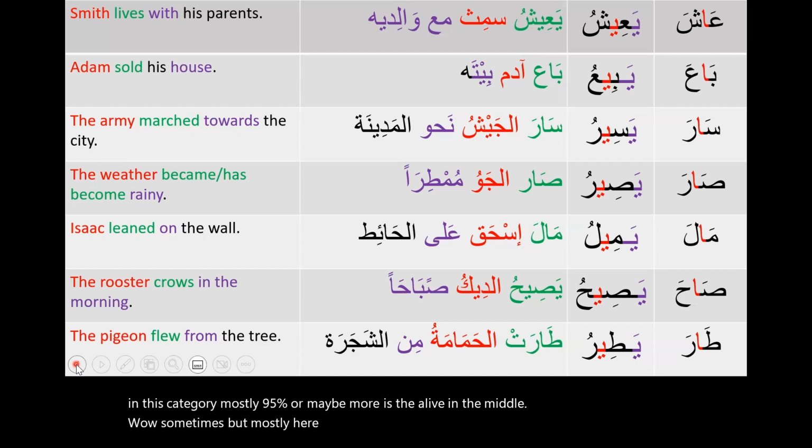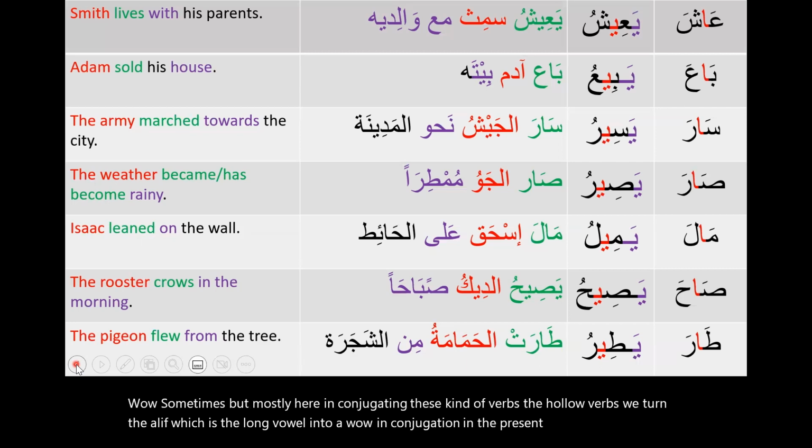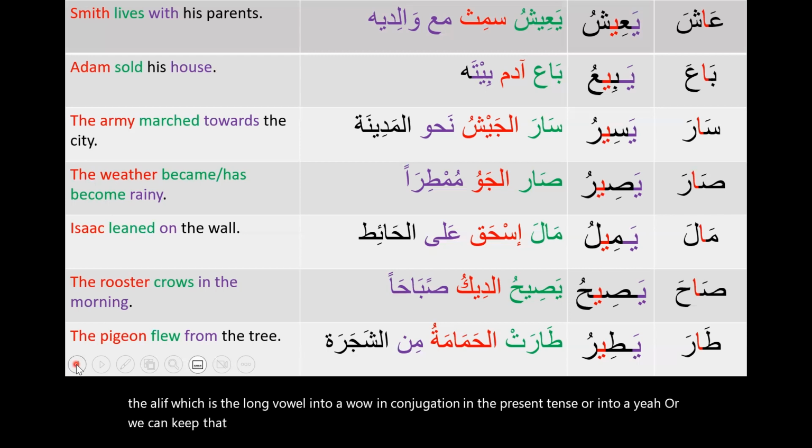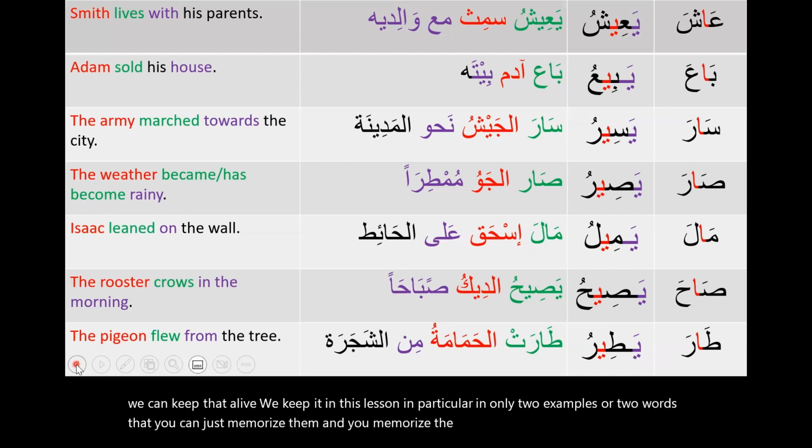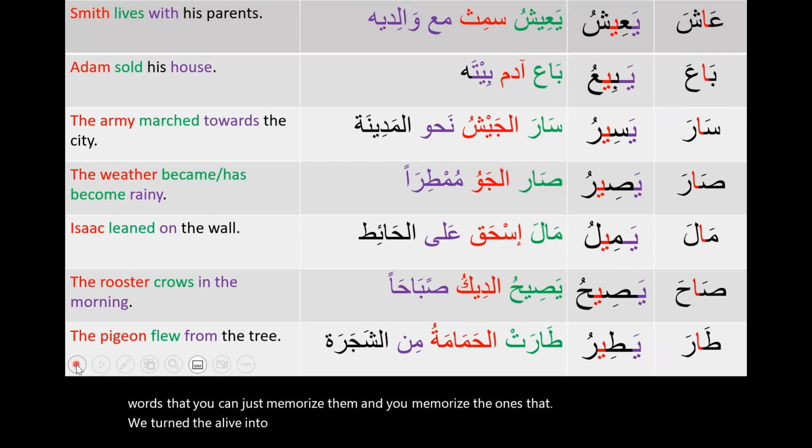In conjugating these kind of verbs, the hollow verbs, we turn the alif, which is the long vowel, into a waw in conjugating in the present tense, or into a ya, or we can keep that alif. We keep it in this lesson in particular in only 2 examples or 2 words that you can just memorize, and you memorize the ones that we turn the alif into a waw, and the rest that we turn the alif into a ya.